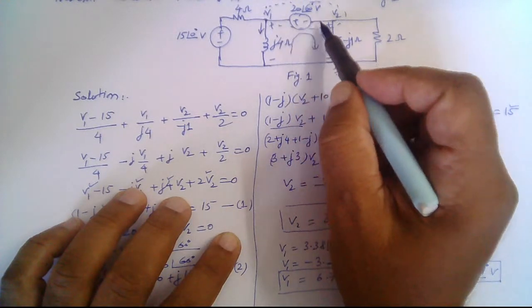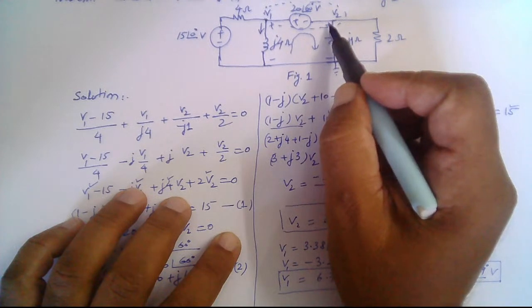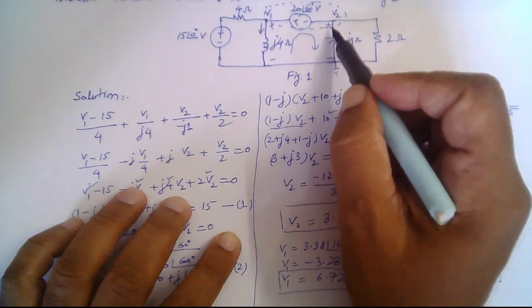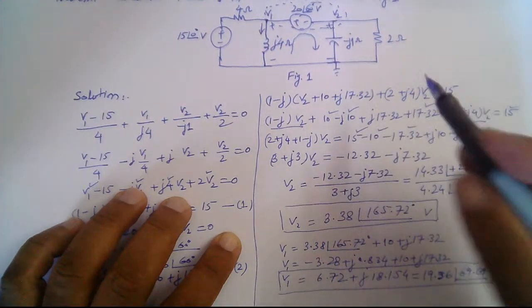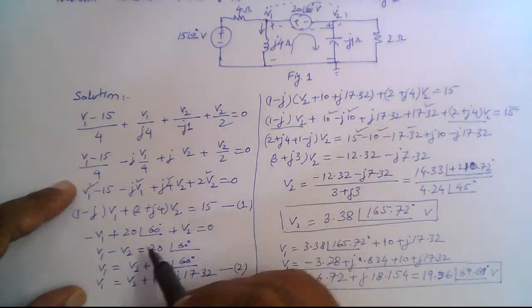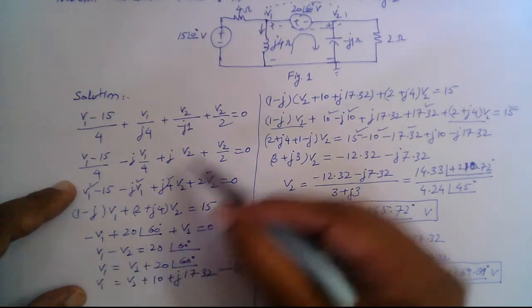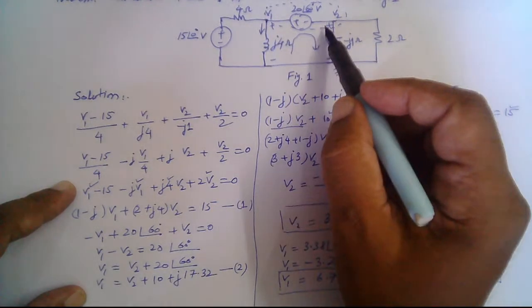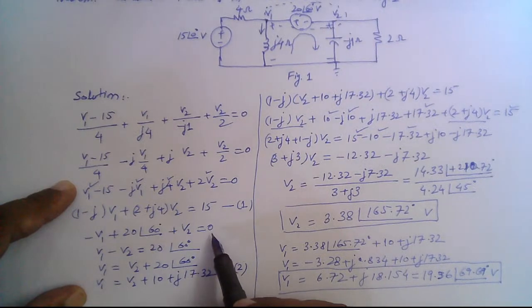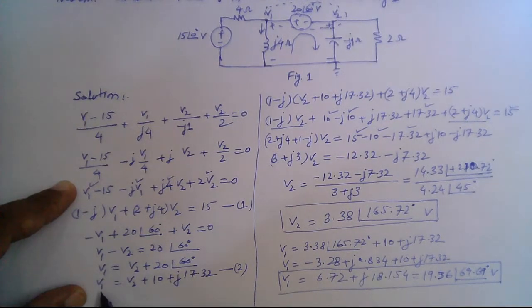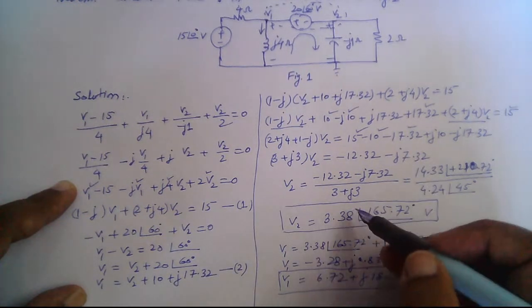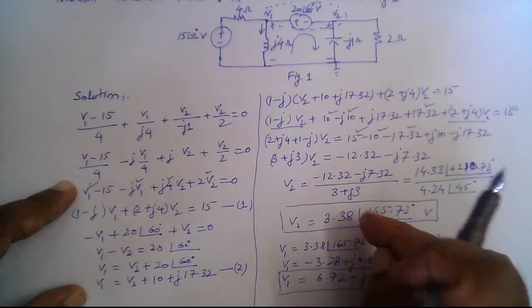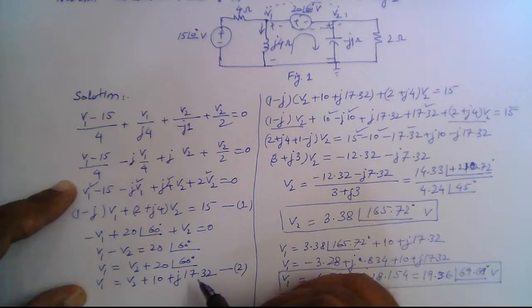Then this voltage drop here is plus 20 angle 60, and then plus V2 here, right? With this, we wrote this equation, minus V1 plus 20 angle 60 plus V2 is equal to 0. And then we found V1 is equal to V2 plus this, and we substituted this value in the first equation and found the value of V2 first. Then after we found V2, we substituted the value of V2 in this equation to find the value of V1.